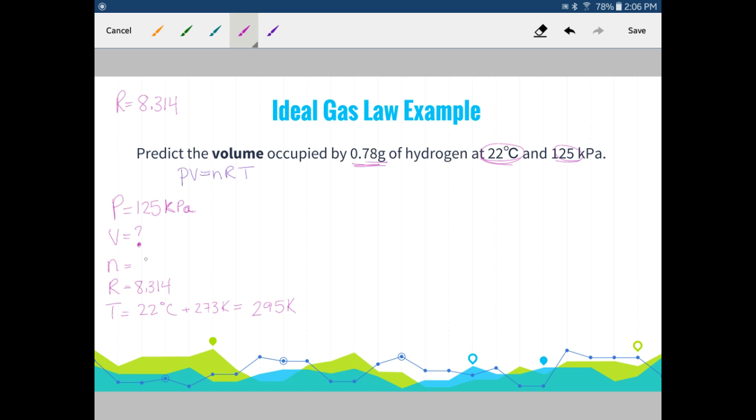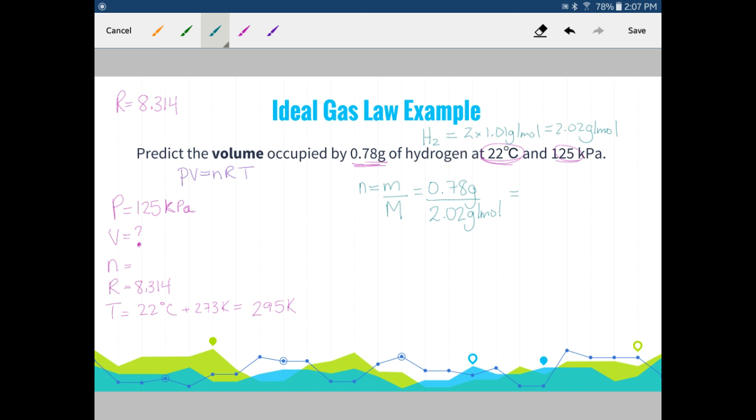Okay, so then when we start to solve for the number of moles, we are going to look at moles equals our mass over our molar mass. Now our mass is our 0.78 grams, and we have to remember that hydrogen gas is H2. So when I look at my molar mass of hydrogen, it's 2 times our individual atomic mass, so we have 2 times 1.01 grams per mole, and that equals 2.02 grams per mole.